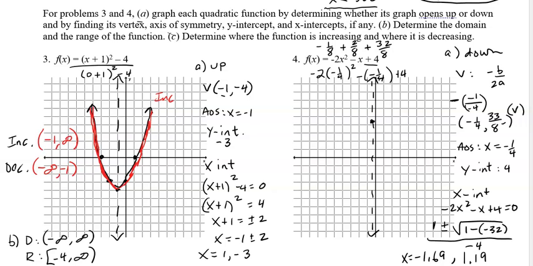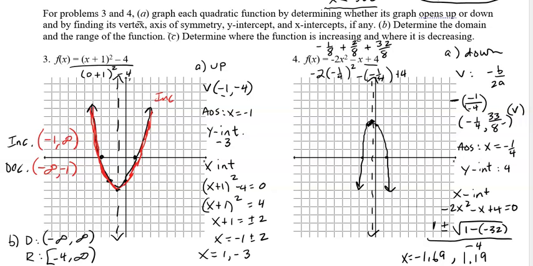The y-intercept is 4, so these are real close together. Kind of hard for me to separate them. But there's the y-intercept and its match. And then the x-intercepts, this is about negative 1.5, pretty close. And this is just a little bit to the right of 1.19. And so we connect those.